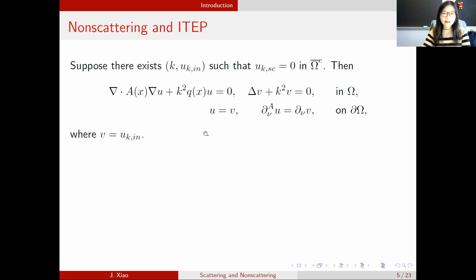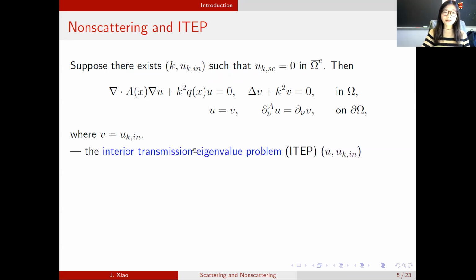So this one is called the interior transmission eigenvalue problem, which you probably have heard several times in Fioralba's talk.